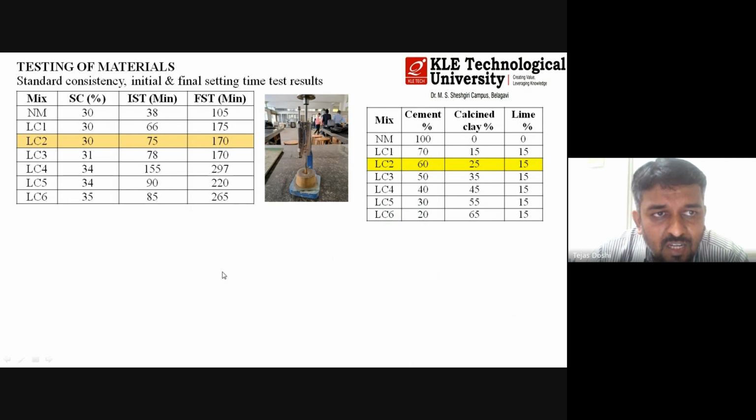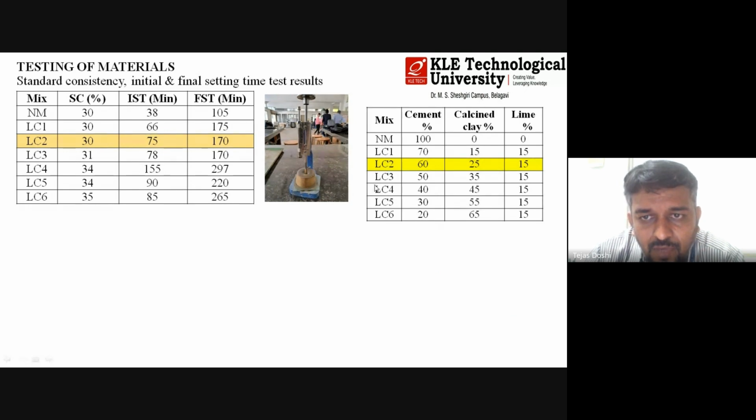Coming to the testing of materials, the different mixes. As you can see in the right corner, the table, we have different mixes which are taken up. NM is the normal mix, which is considered where cement is 100%, calcined clay is 0%, lime is 0%, and then LC is nothing but your LC3 concrete, LC mixes, which have different combinations varying from 70% to 20% of the calcined clay as well as lime.